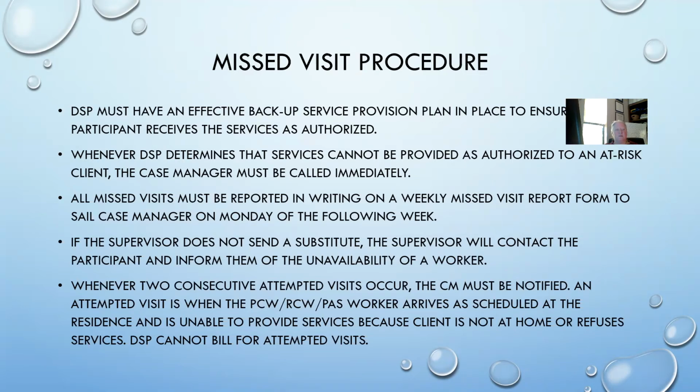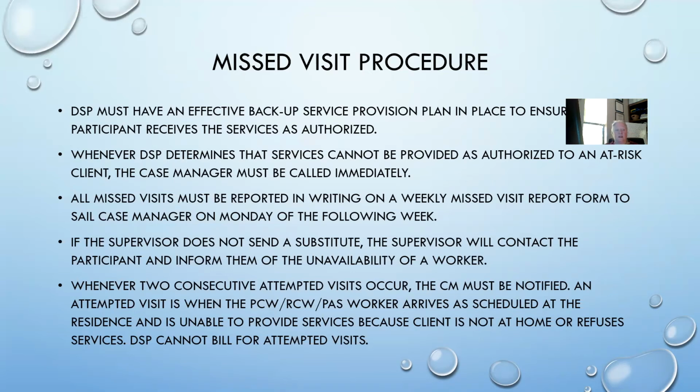If the supervisor does not send a substitute, the supervisor will contact the participant and inform them of the unavailability of a worker. So as soon as you know that somebody is not showing up for work and you cannot get a substitute worker out there, you must inform the client immediately that nobody's coming.